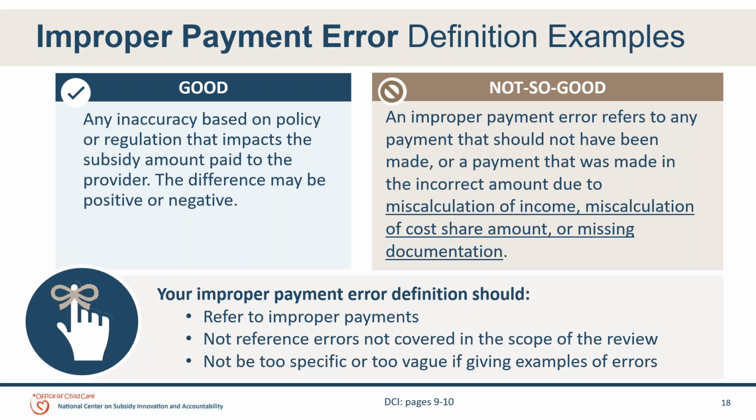And the problem with a definition like that is that it gives some examples of the error causes, but it makes it sound like these are the only causes that you could have. And we know that there could be other error causes, like maybe the parent didn't meet activity requirements. That is not included here as an example. So if you do choose to give examples in your definition, just be clear that the causes given are not the only ones that might be found in the review.